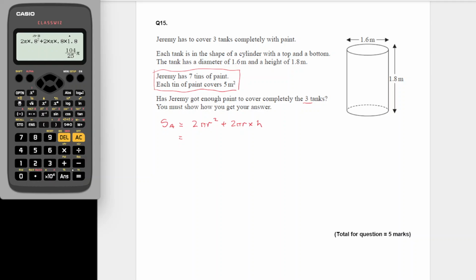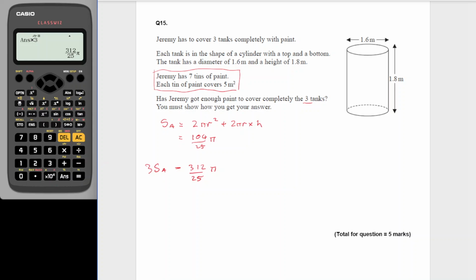So we've got a total surface area of 104 over 25 pi. So 3 lots of the surface area would be times that by 3, so 312 over 25 pi. Don't need to go decimal just yet.